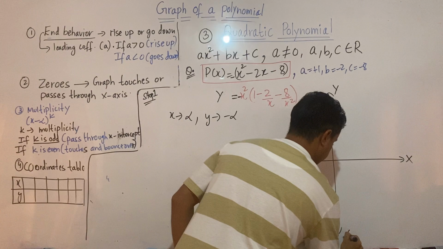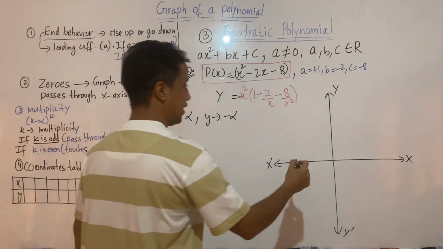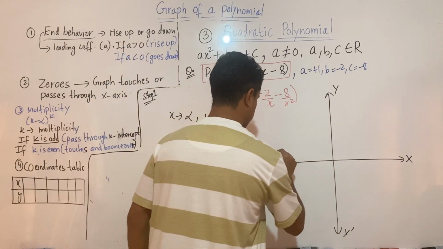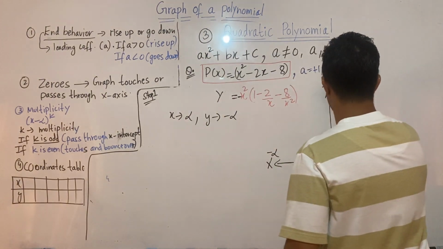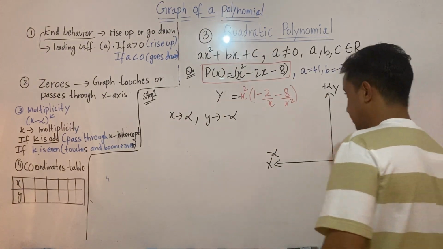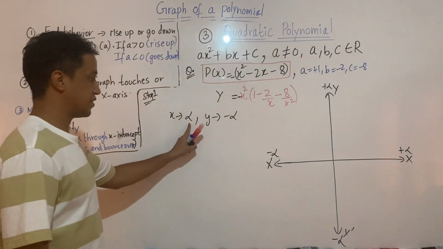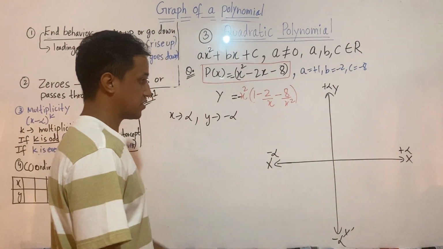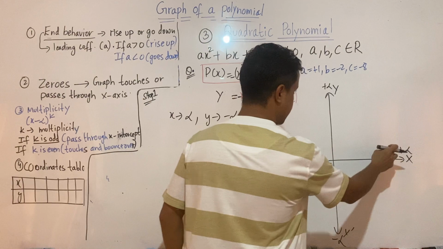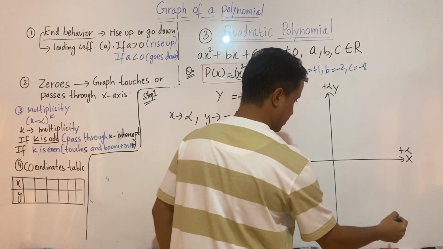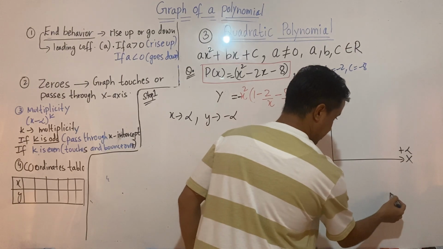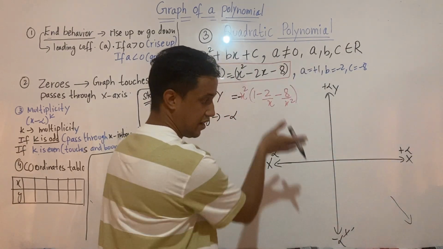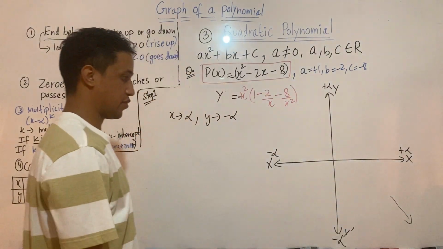So if x is infinity, y is minus infinity, which means going downwards.